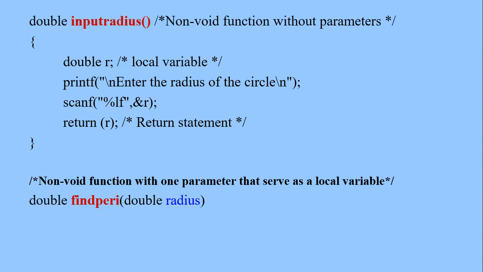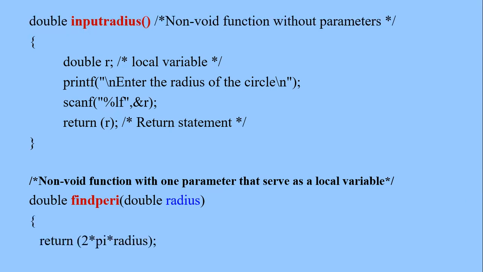The value for radius is being read by reference, meaning it is accessible from anywhere. So in the main function, if the value there was 20, that is the same value that will be received here. If this function called find Perry makes any change to the content of memory location called radius, that change will also be made there. So this is called passing by reference.